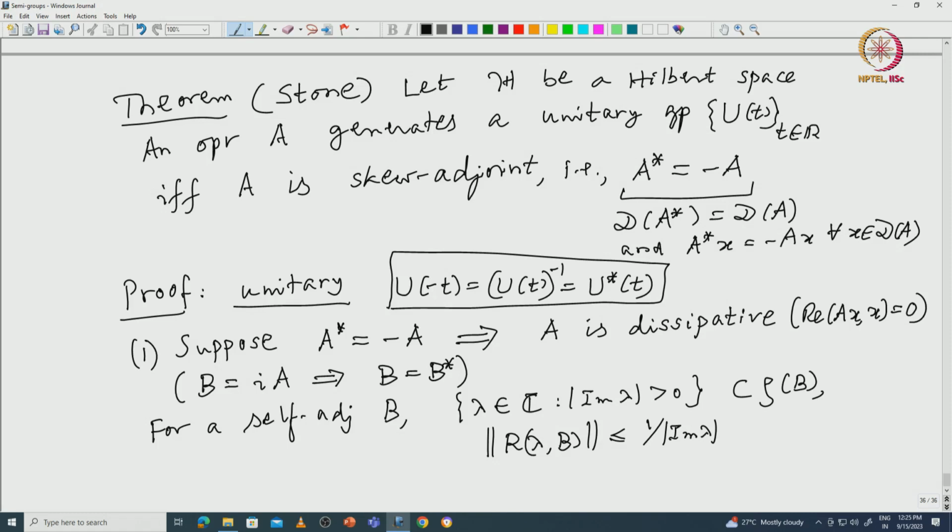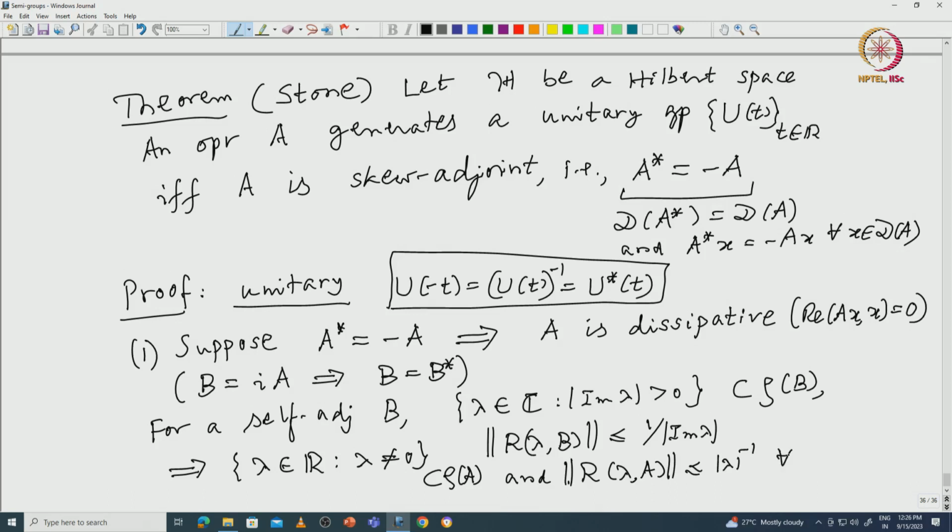Now, you translate that to this skew adjoint operator A. So, you see that for lambda real, lambda non-zero, lambda is in the resolvent set of A, and the norm of R(lambda, A) is less than or equal to mod lambda inverse for all real non-zero lambda.